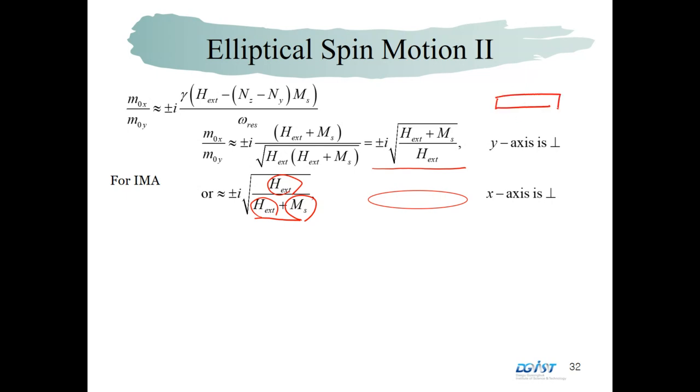This is the side view of your sample, and this is the direction of the magnetization. The external magnetic field, small h, can have x and y components. So for the simple case, we think about just a small hx.